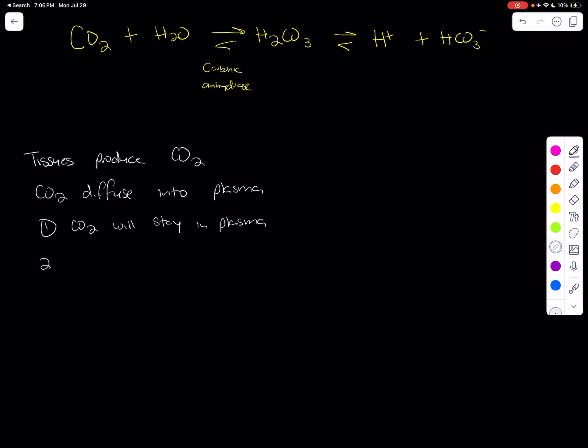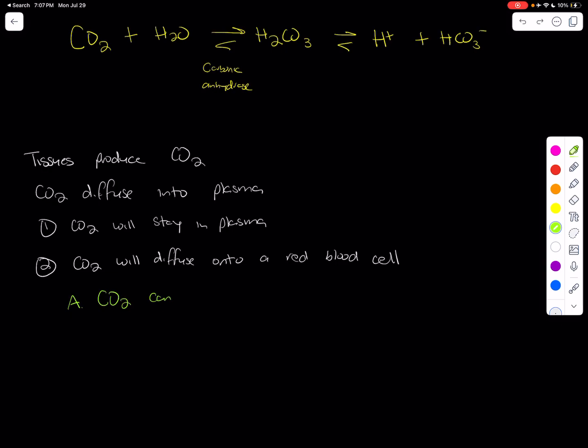All is well in the world. Okay, the second thing that will happen is CO2 will diffuse onto the red blood cell, and from here, a couple of different things can happen. I'm going to change the colors here. So first, CO2 can bind to hemoglobin.